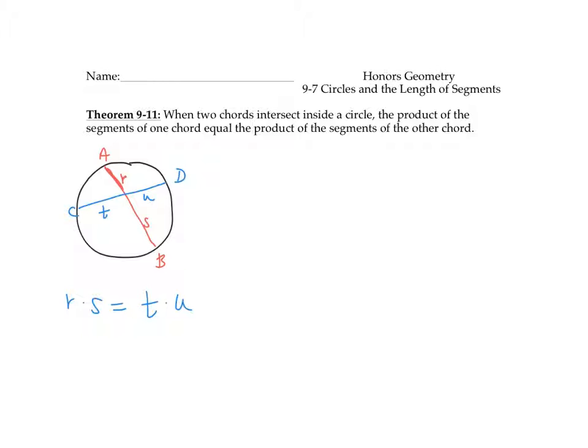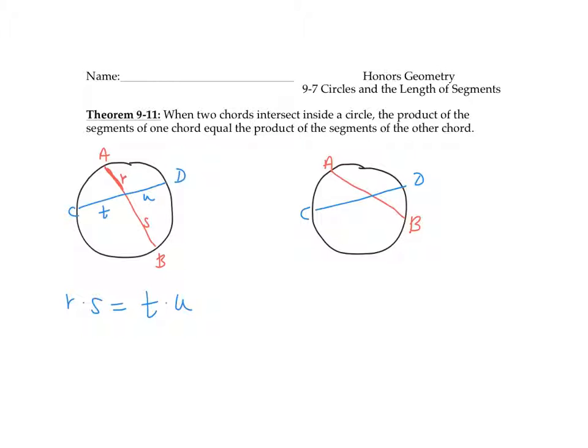Alright, so let's put some numbers in and some variables just for a more concrete example. So let's draw a second circle, and again draw 2 chords so that they intersect at some point inside the circle. And again we can call the first chord AB, and the second chord CD. This time around we're going to be given some information about the lengths of those segments.